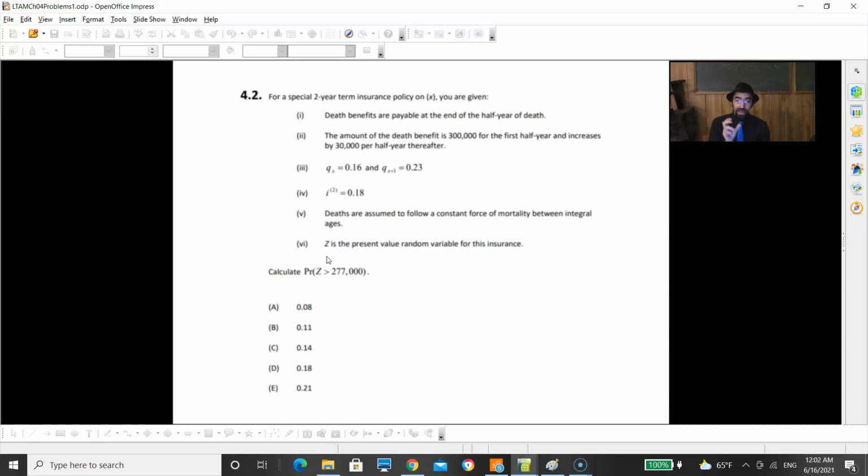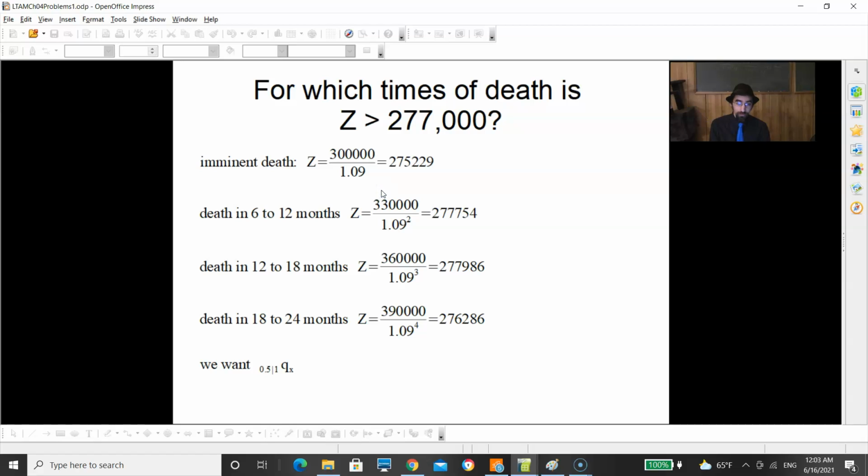So you have to look half year by half year and see which of them get you a value greater than 277,000 and which ones get you something less. Now, it is a 2-year term insurance, so you only have to look at 4 half years. But that part doesn't really matter. It could even be a whole life insurance because of what we find.